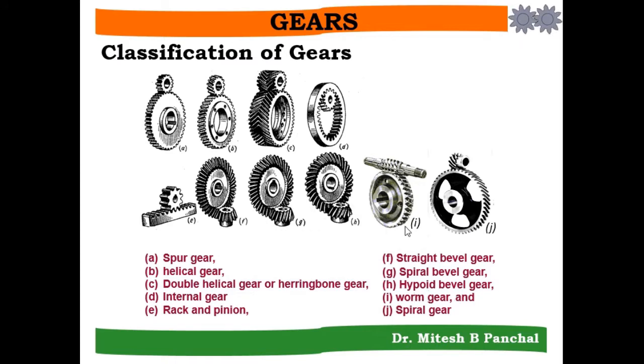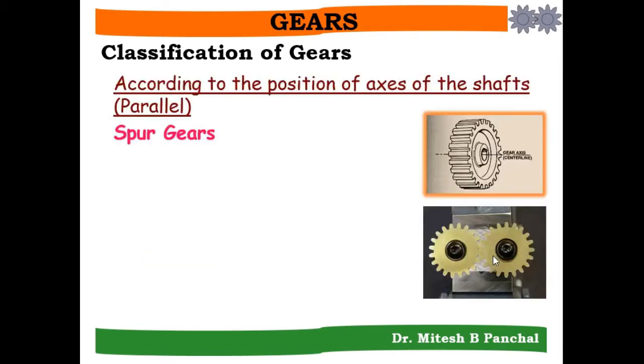Now I and J are the worm gears. I is the worm gear and worm, while J is the same, but the form of the gear tooth profile is different, which is in the form of a spiral. Now we will see one by one.